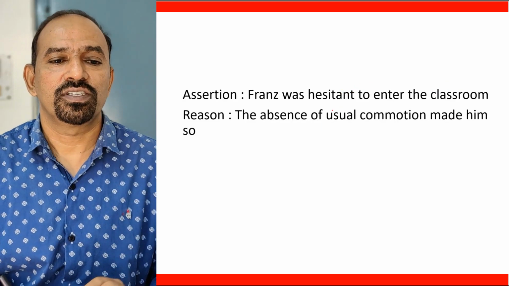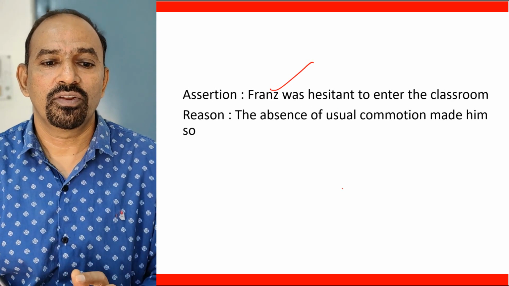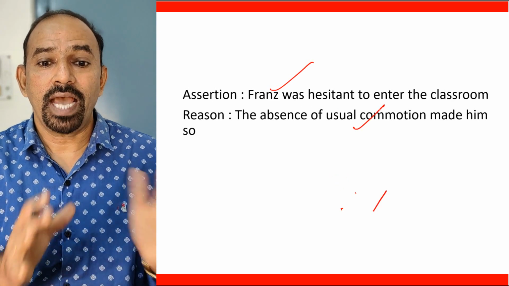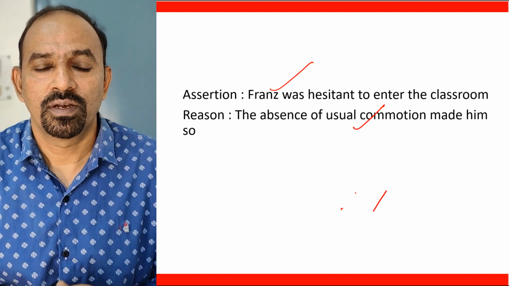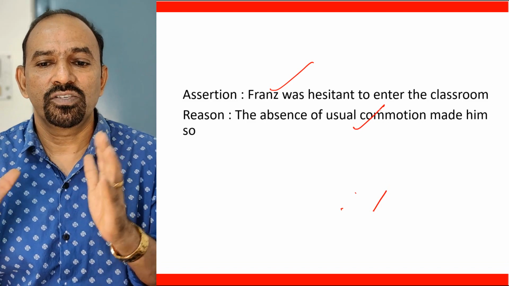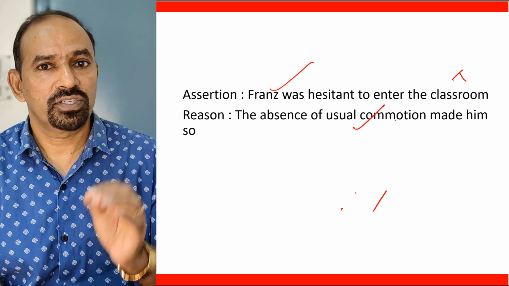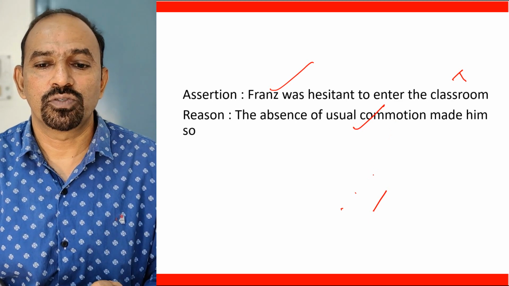Look at the next question. Assertion: Franz was hesitant to enter the classroom. Reason: the absence of usual commotion made him so. Look at these two statements. Franz was hesitant to enter the classroom. That is a true statement. Assertion is true. And reason: the absence of usual commotion made him so.